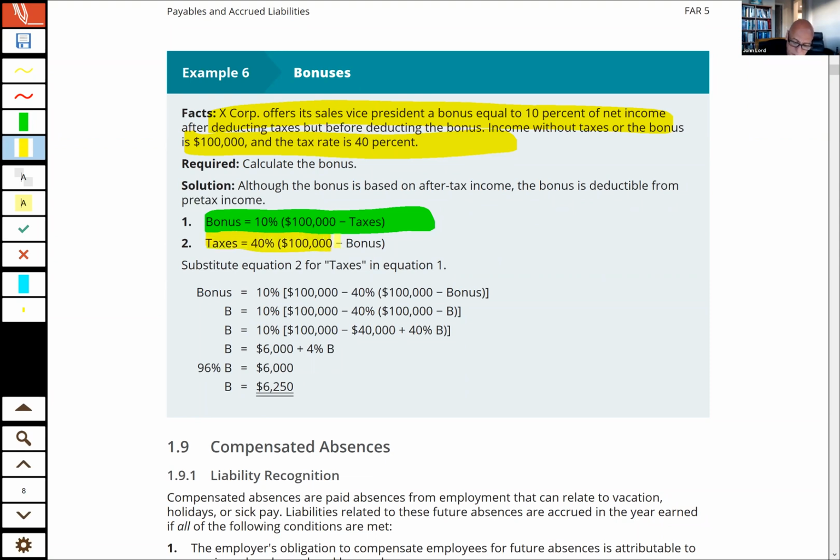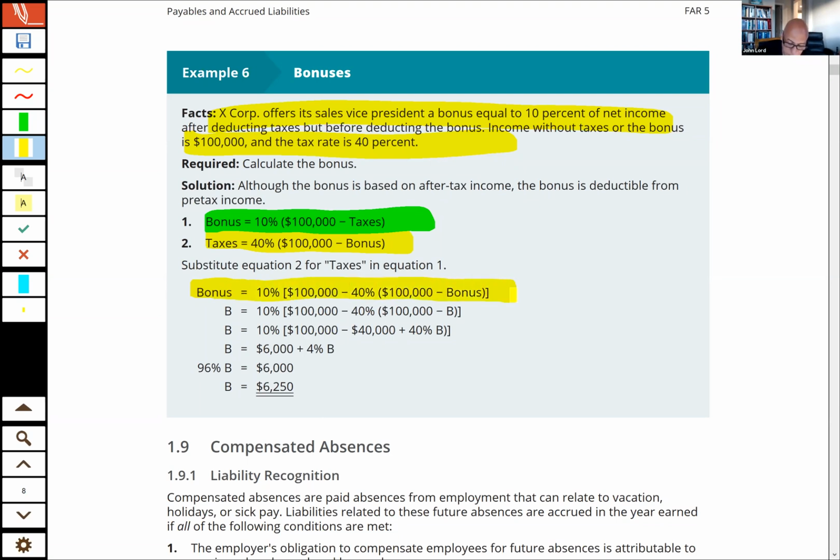They are 40% of the 100,000 before, but we have to subtract the bonus to figure out what the taxes are, because the bonus is deductible for tax purposes. Okay. But what I've done is, because I had two unknowns, now I've created two equations. And so now I can go ahead and work this question, right?